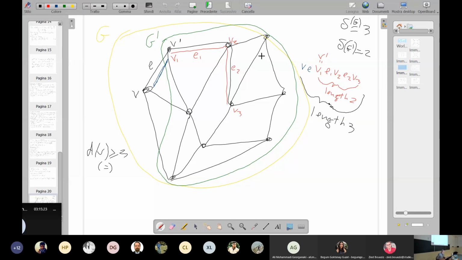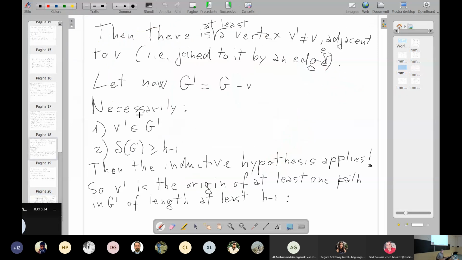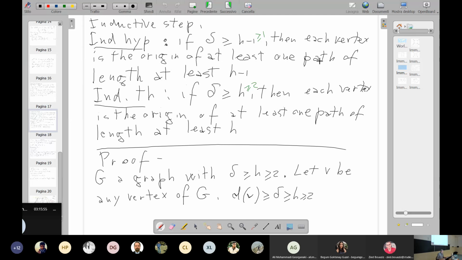Now, forget about it. What I know is that in G prime, which has a degree greater than or equal to h minus 1, I have what is said in the inductive hypothesis. So in V prime, as in any other vertex of G prime, you have the origin of at least one path in G prime of length at least h minus 1. Okay, this was our inductive hypothesis.